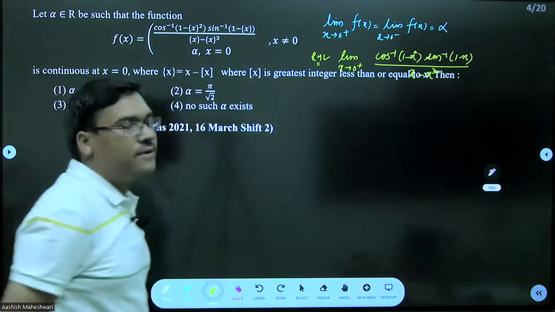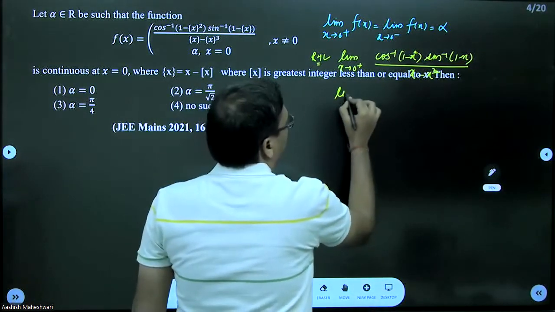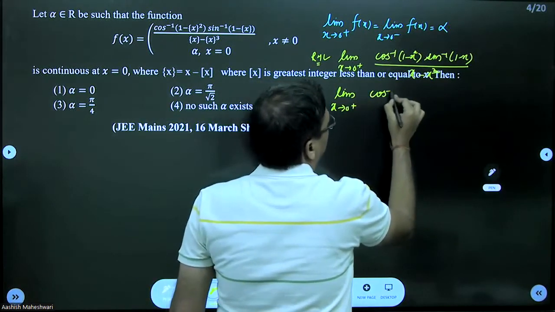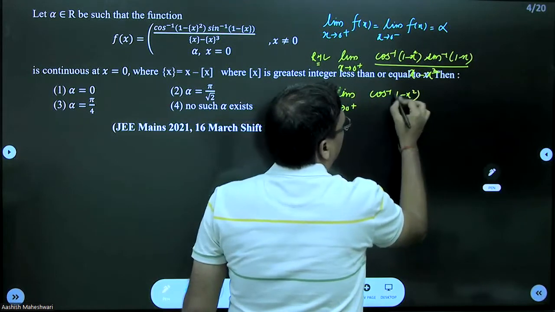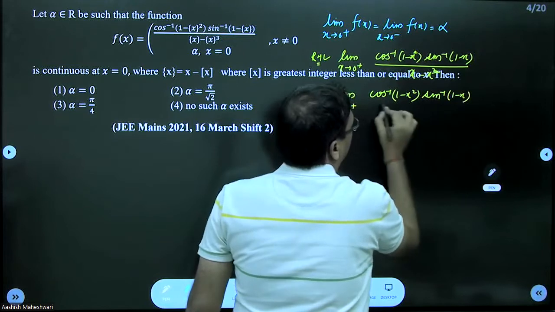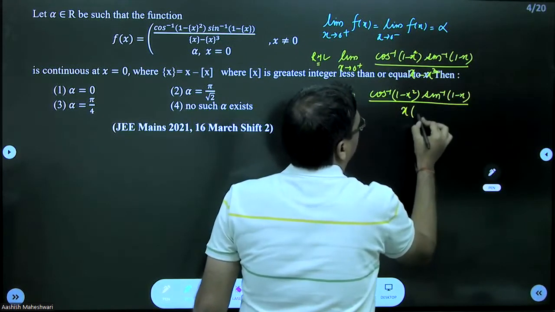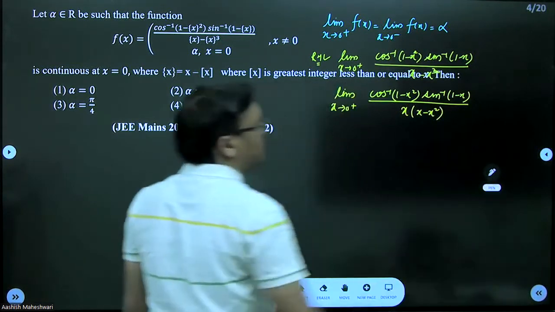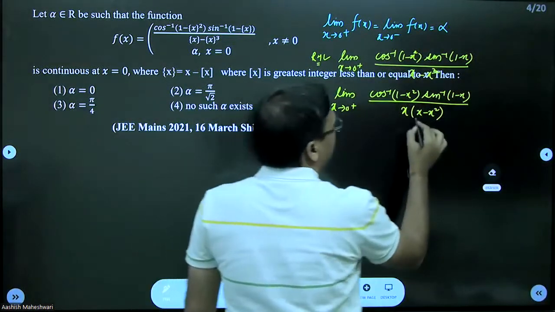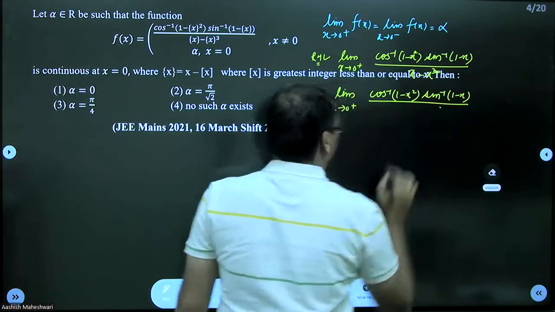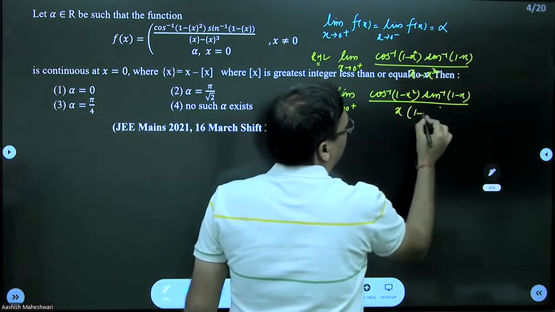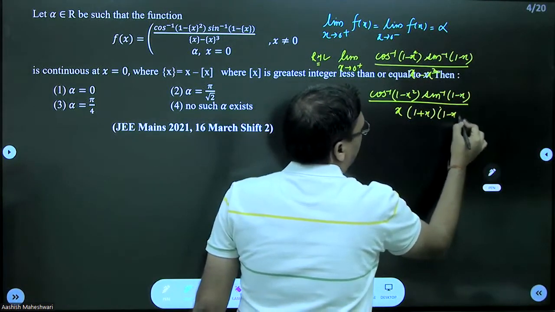This is the function you have. So limit x approaches 0 plus of cos inverse 1 minus x square, and sin inverse 1 minus x divided by x minus x square. Correct? And we can simplify this a bit more. Basically it is x into 1 minus x square, which is x into 1 plus x into 1 minus x.